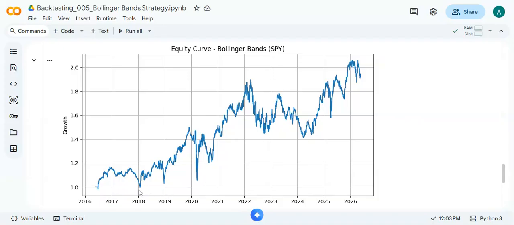I guess we lost most of our equity in 2018, our maximum drawdown, or even in the middle of 2016. So more or less these two periods. But overall, the strategy behaves well for an index, in terms of the S&P 500.